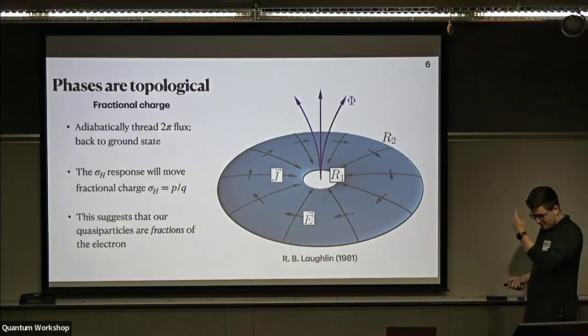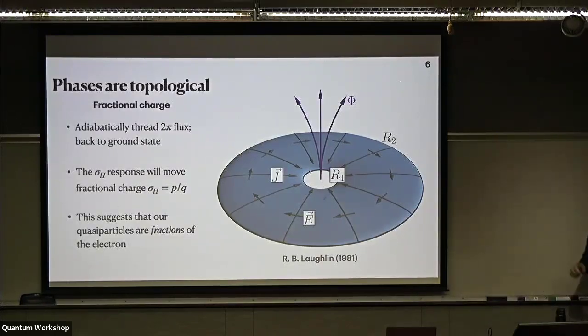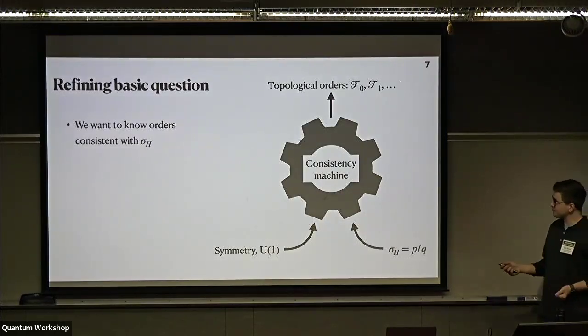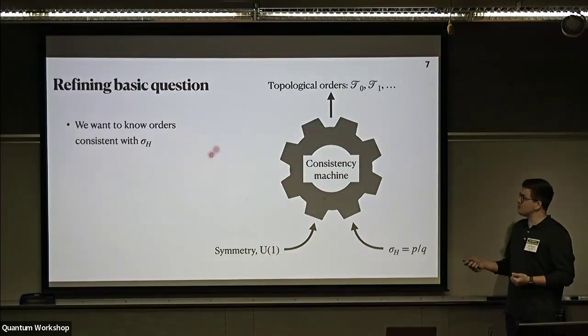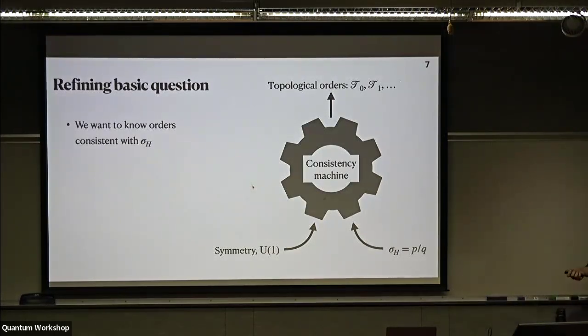Having established that this is interesting, that we want to find these phases, and that they're topological, let me give a little bit more of a mathematical picture. Our basic question is we want to know the topological orders, which we know we must have, which are consistent with this fractional sigma_H.